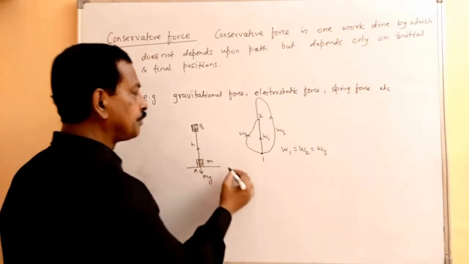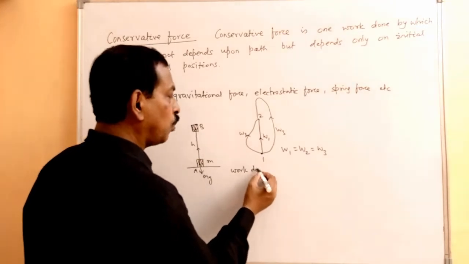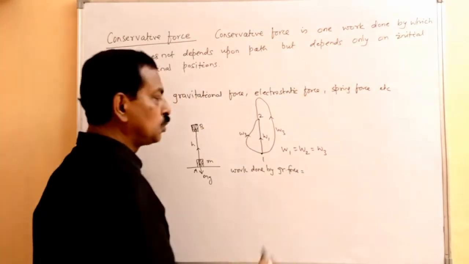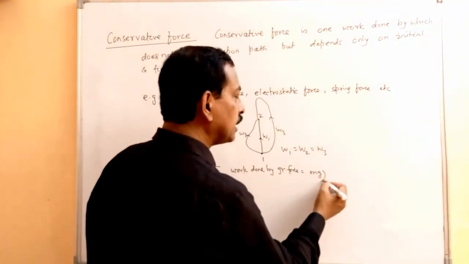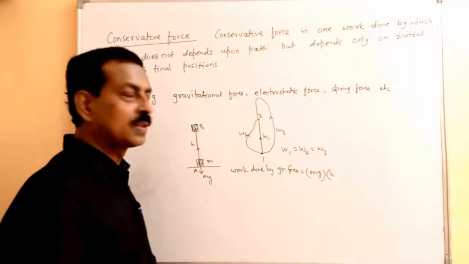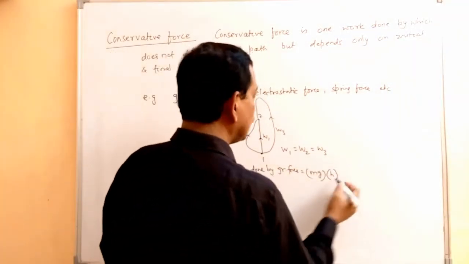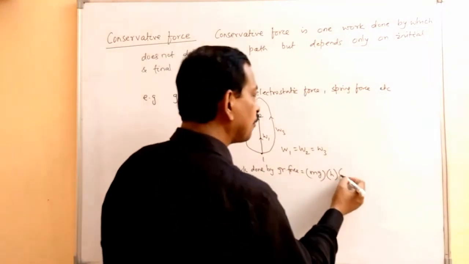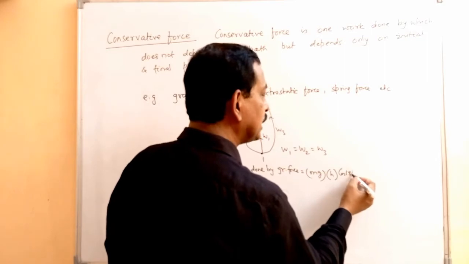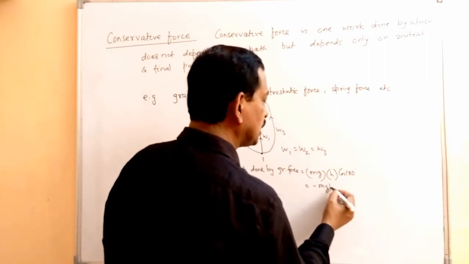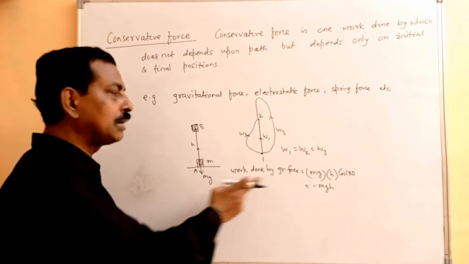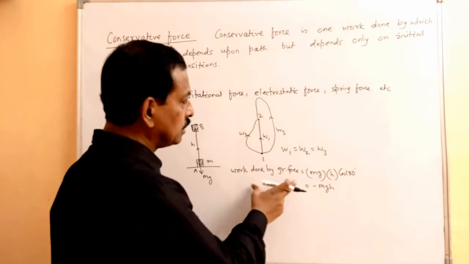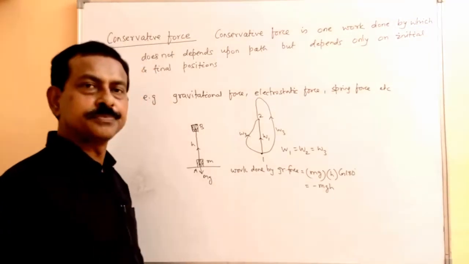So the work done by gravitational force will be mg into h into cos 180 degrees, which is minus mgh. This is the work done by gravity. So from A to B the work done is minus mgh.